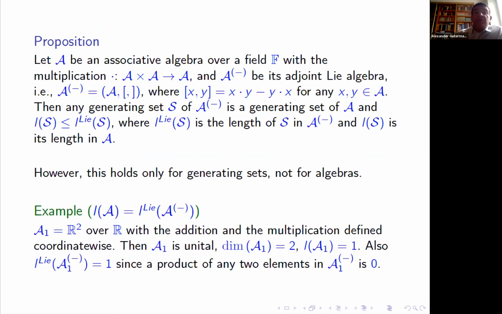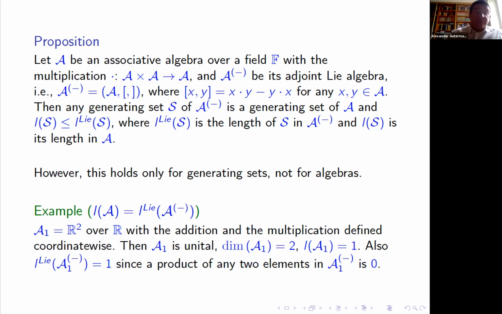Another thing is that, of course, for any associative algebra, we could always construct the adjoint Lie algebra, and given a generating set of this Lie algebra, it is possible to obtain a bound for the length of a generating set for the associative algebra. But for generating sets, if we consider lengths of both Lie algebras and associative algebras, then all possible situations can happen.